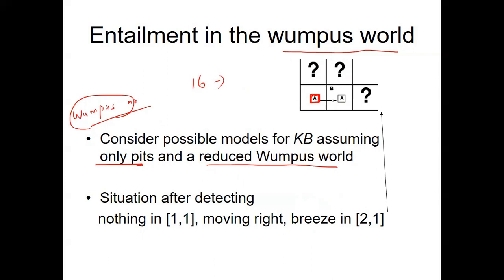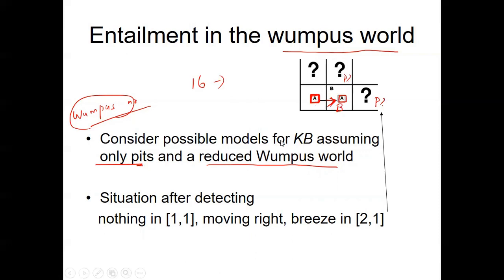So the agent had not sensed any breeze. Then the agent moved here, and when it moved here, the agent sensed a breeze, B. It means that the pit is either here or here. This is the current situation.